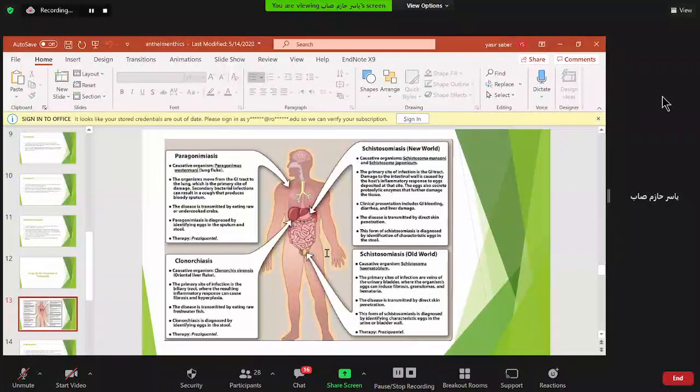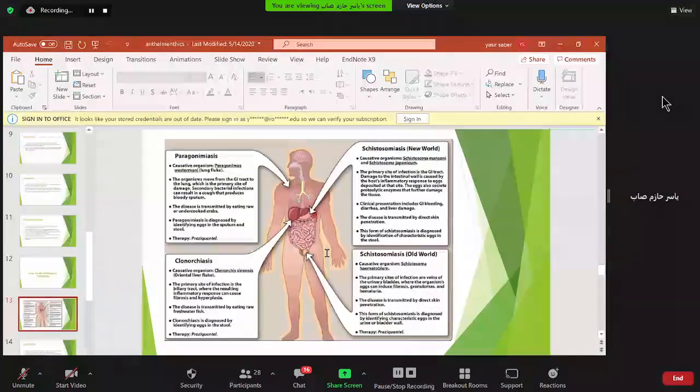Secondary bacterial infection can result in cough with bloody sputum. The disease is transmitted by eating raw or uncooked crabs. It's really very common in our country. Paragonimiasis is diagnosed by identifying eggs in the sputum and the stool, and the treatment is praziquantel.